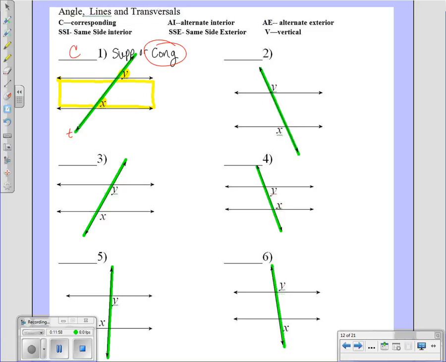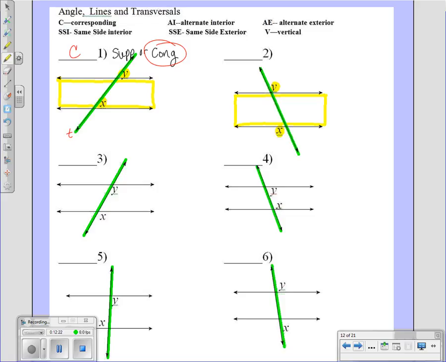But look at number two. Now I see my angle Y and my angle X. Notice they are not on the same side. That means they're on the alternate side. And if they're on the alternate side, then let's see, are they alternate interior, alternate exterior? So I'm going to put a little box around my interior, what's inside the two parallel lines.